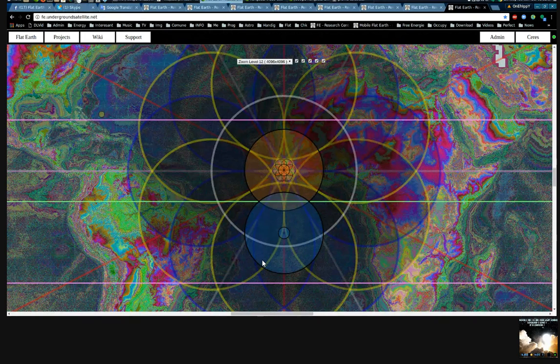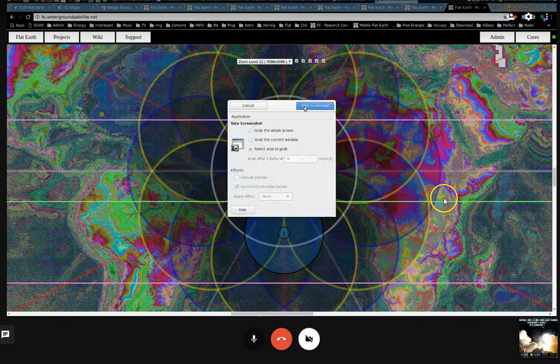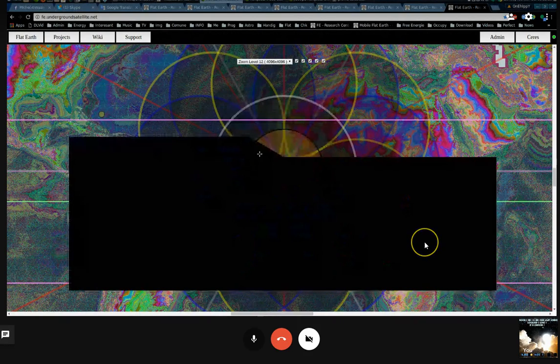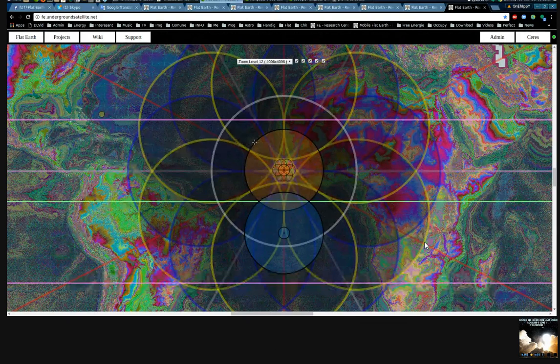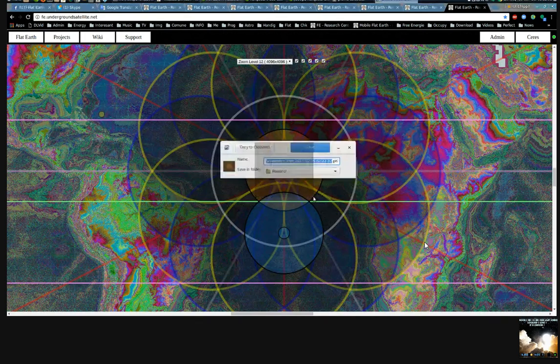Can I ask you something? You know these red lines? You know our light, we have a separate light source, and that light source moves from north to south. So south is winter, north is summer. Do those red lines have anything to do with that?